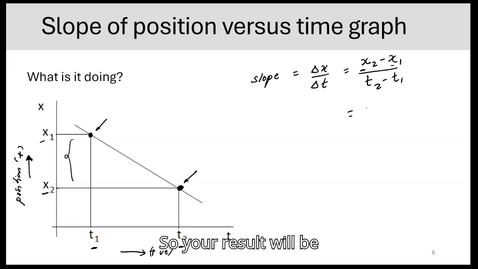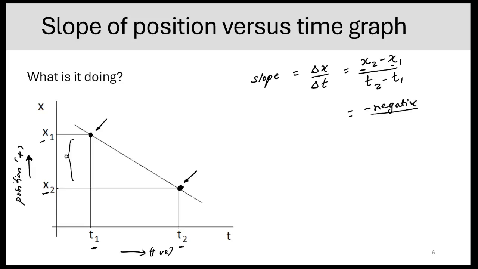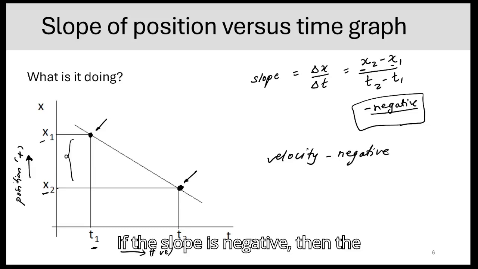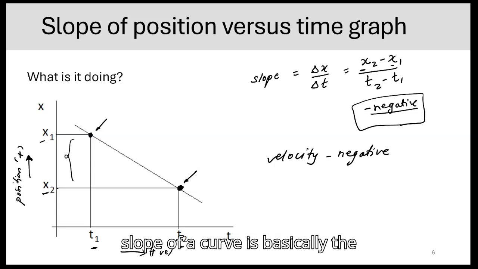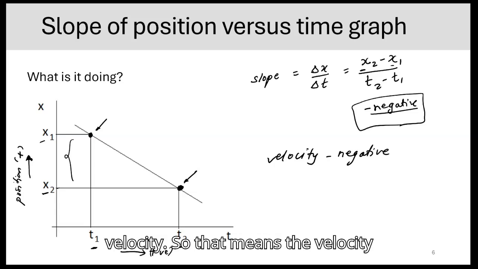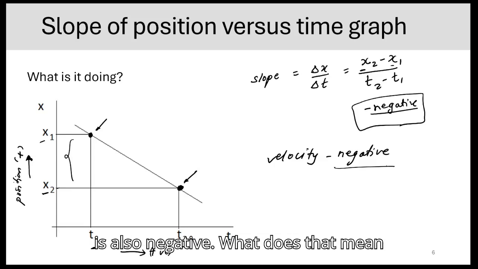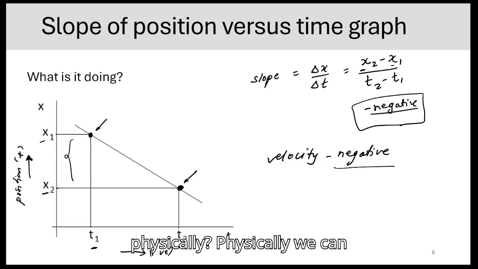So your result will be negative. And if the slope is negative, then since the slope of a curve is basically the velocity, the velocity is also negative. What does that mean physically?